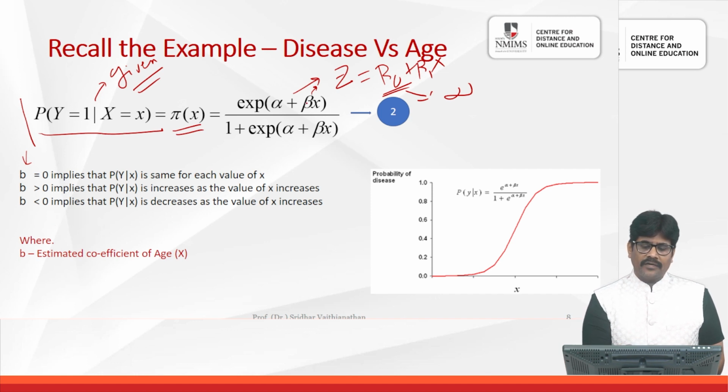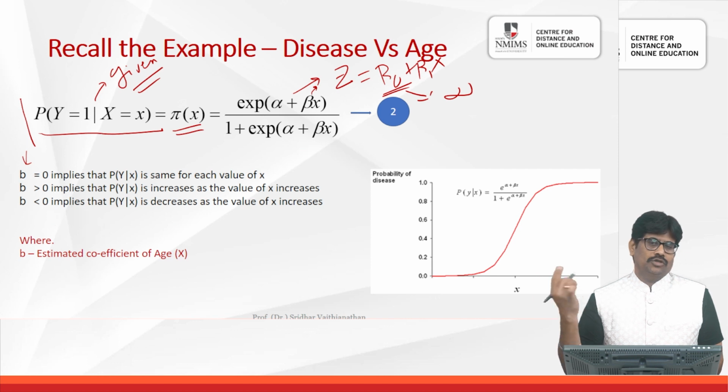If b is greater than 0, the probability increases as the value of x increases, that is per unit change in x, and so on. If beta is less than 0, the probability will decrease as the value of x increases.